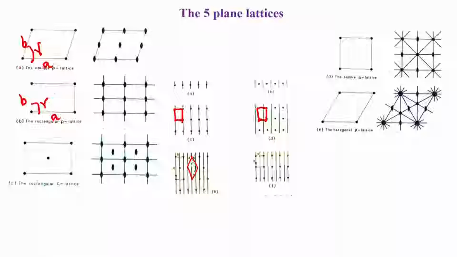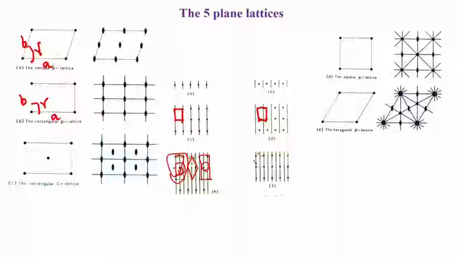So, the rectangular C lattice, if centered, will define now this unit cell. This will now involve the possibility of including this particular center as well. So, we have therefore here A, and if this is A, this is B, and this will now represent our unit cell with a lattice point at the center.